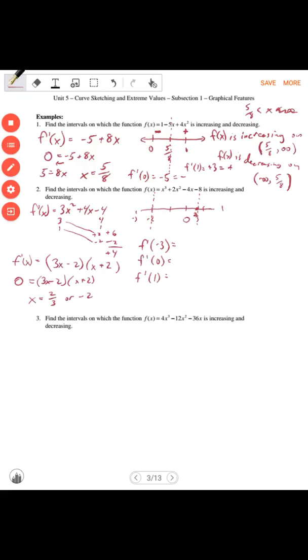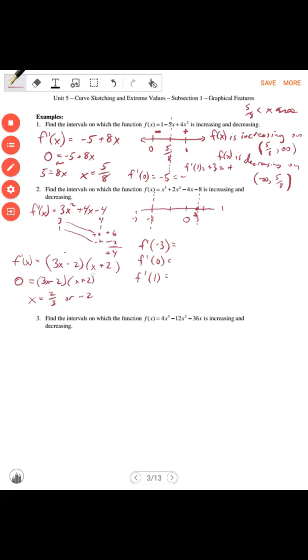When we do that, we find, first for negative 3, I'm just going to look at the factored form of our derivative, this part here, and put negative 3 into that. So 3 times negative 3 is negative 9, minus 2 is negative 11, so this part's negative.